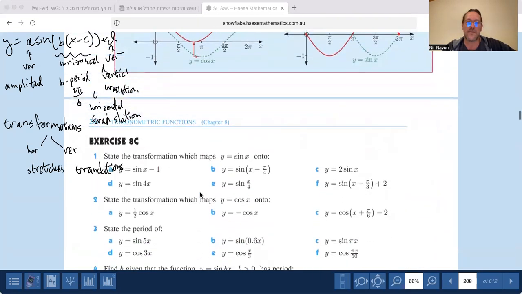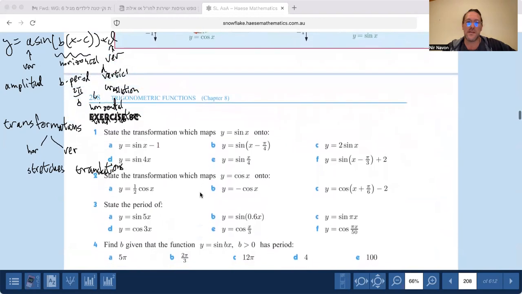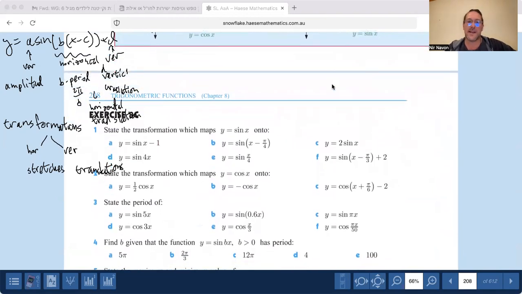Okay, state the transformation which maps y equals sine x into, so here what we have here is a transformation. That would be vertical translation we see here.